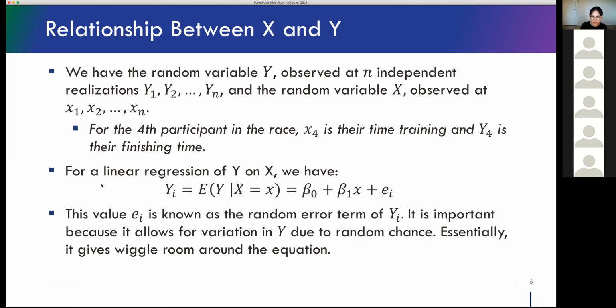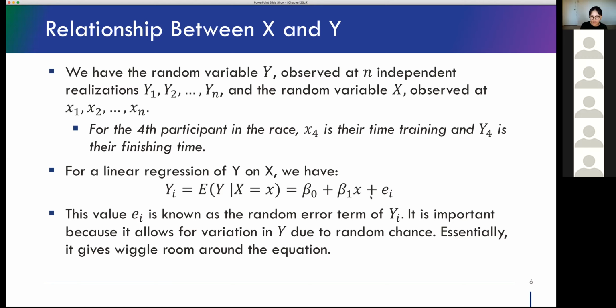For linear regression of Y on X, we're assuming that for Yi, a single data point from our vector, so Yi is just one value, you can write it as a linear function of X. That's what linear regression is about.